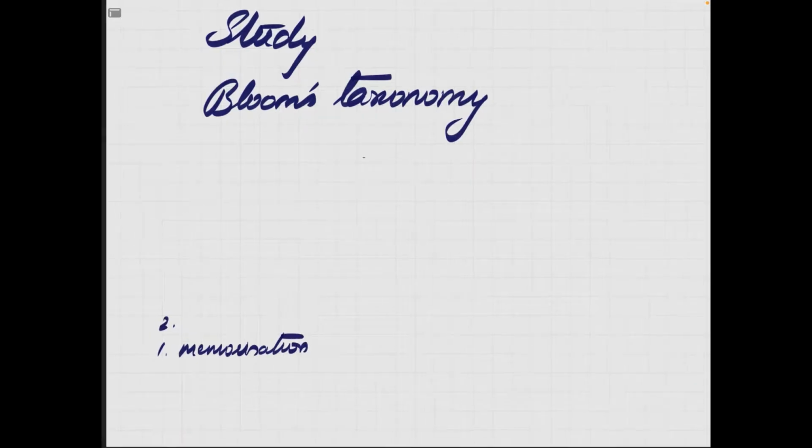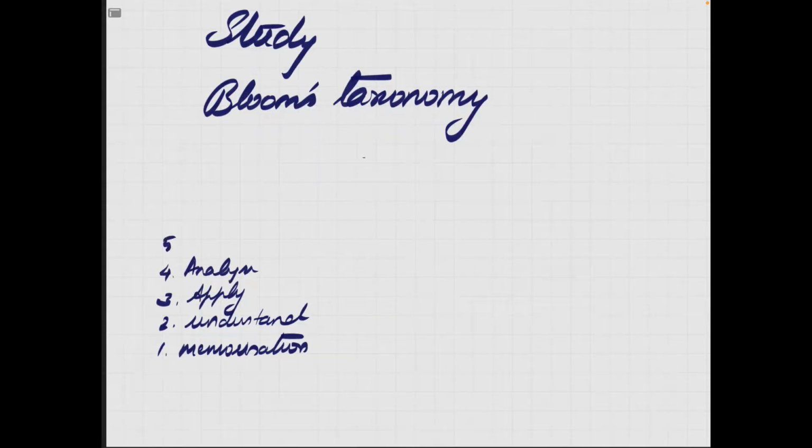First is memorization, second is understand, third is apply, fourth is analyze, fifth is evaluate, and sixth is create.